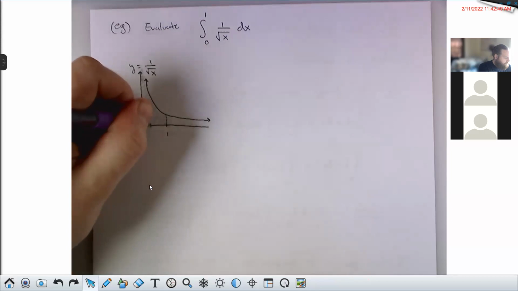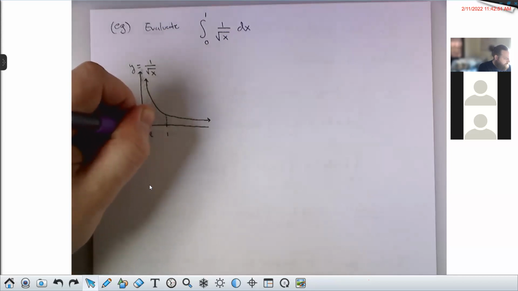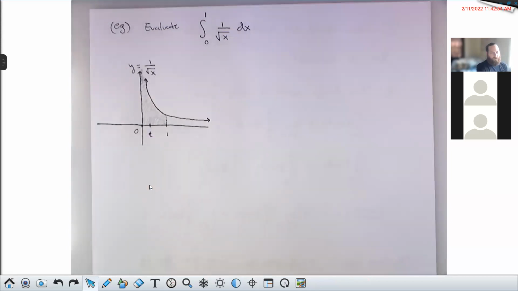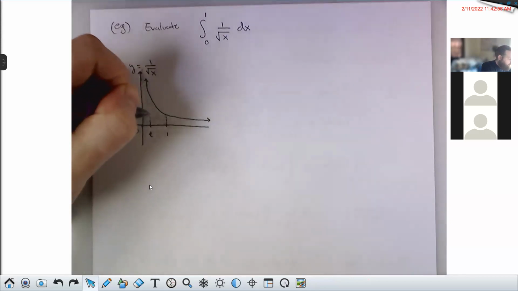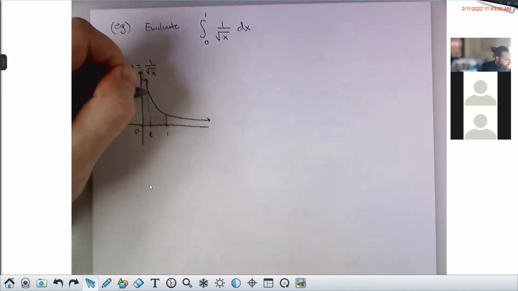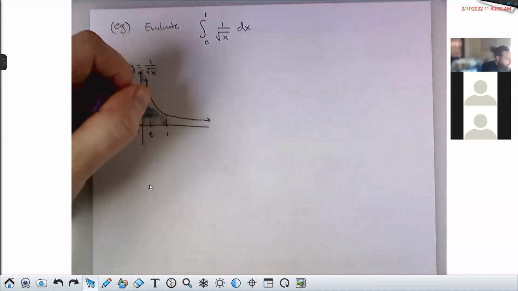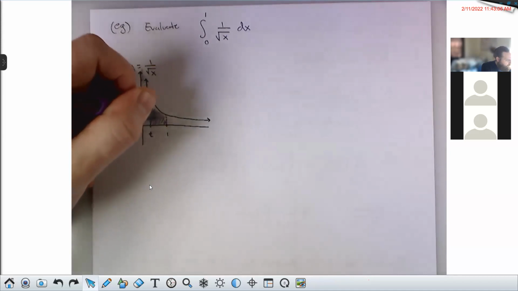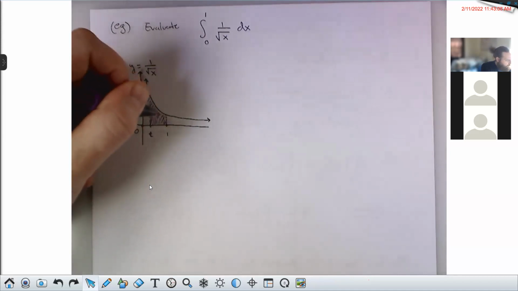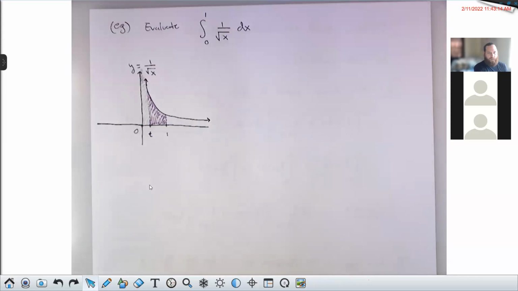So I'm going to think of t as being in here between 0 and 1. And I'm going to find a formula for this purple shaded area. And then I'm going to take a limit as t goes to 0.